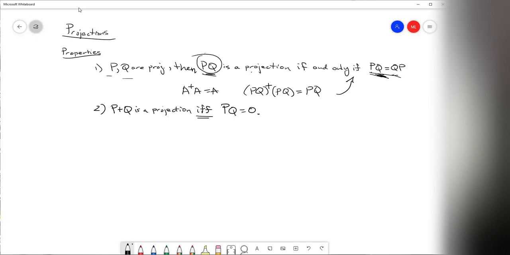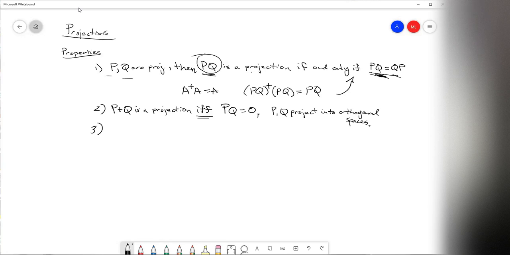And then also, P and Q project into orthogonal spaces. That's worth thinking about, the meaning of these properties. There is some intuitive meaning which you'll think about for the homework.